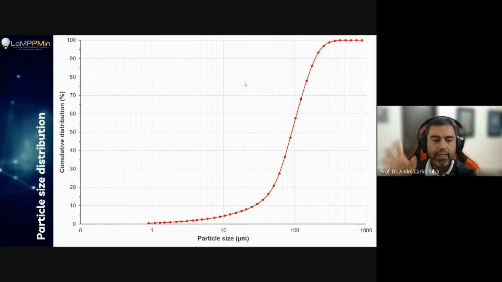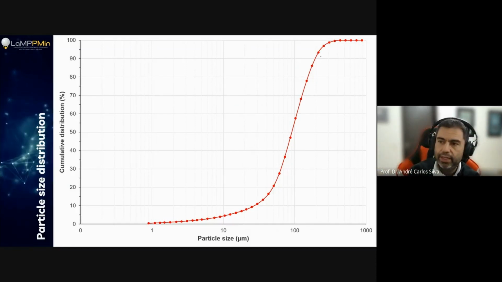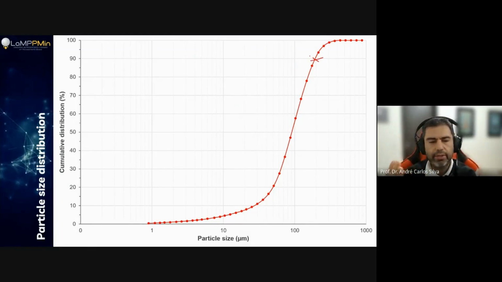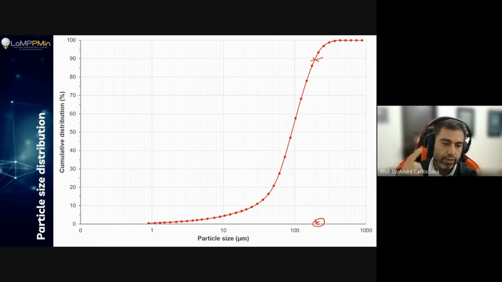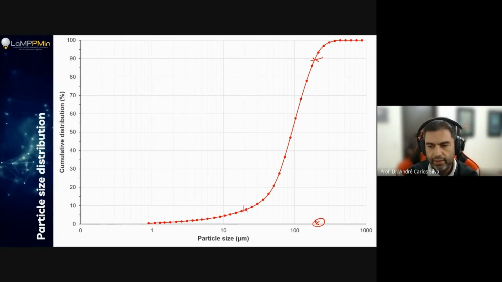Okay, so taking a look at this graph, it's okay for most people, especially here in Brazil. People are going to look at this and say, oh, this is okay, because I can say the size below which 90% of the material is. So I have 90% of the material smaller than what? 200, it's going to be right here, 200 micrometers. On the other hand, I can tell you how much material I have below, for example, 20 micrometers, right here, because this material I'm going to remove, I'm going to call it slime.